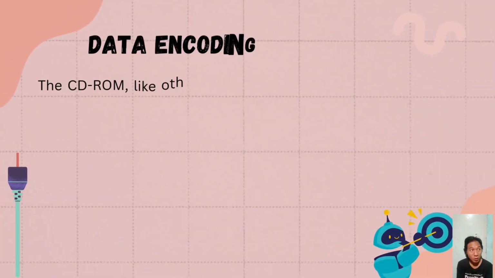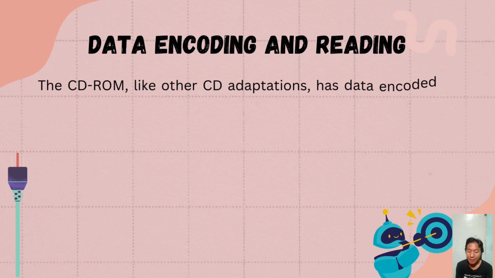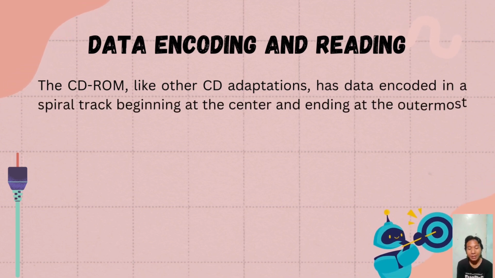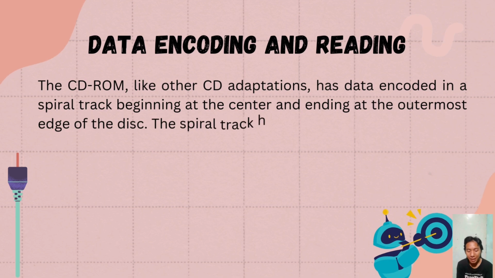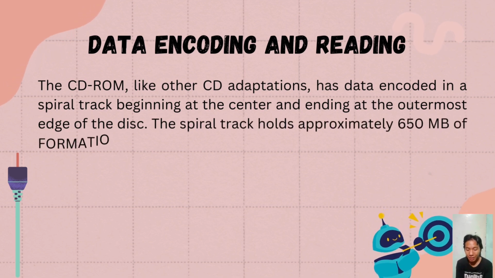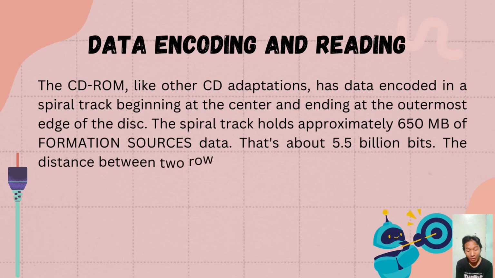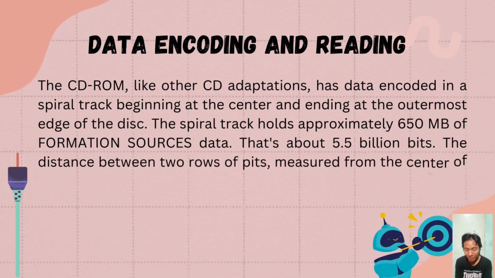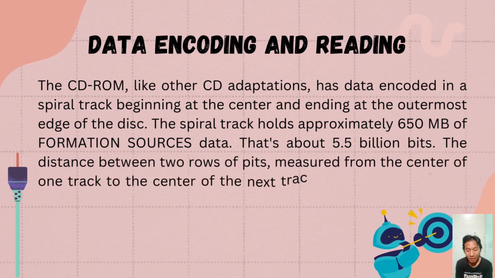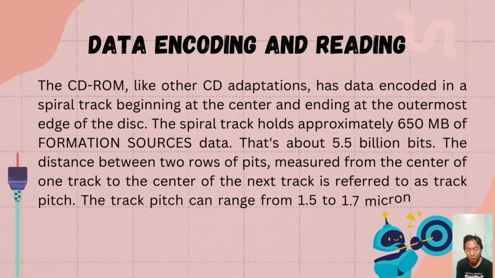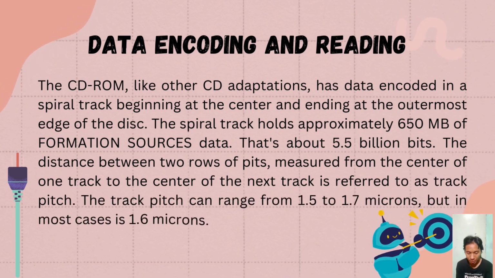Next is data encoding and reading. The CD-ROM, like other CD variations, has data in a spiral track beginning at the center and ending at the outermost edge of the disk. The spiral track holds approximately 650 MB of formatted data, that's about 5.5 million bytes.